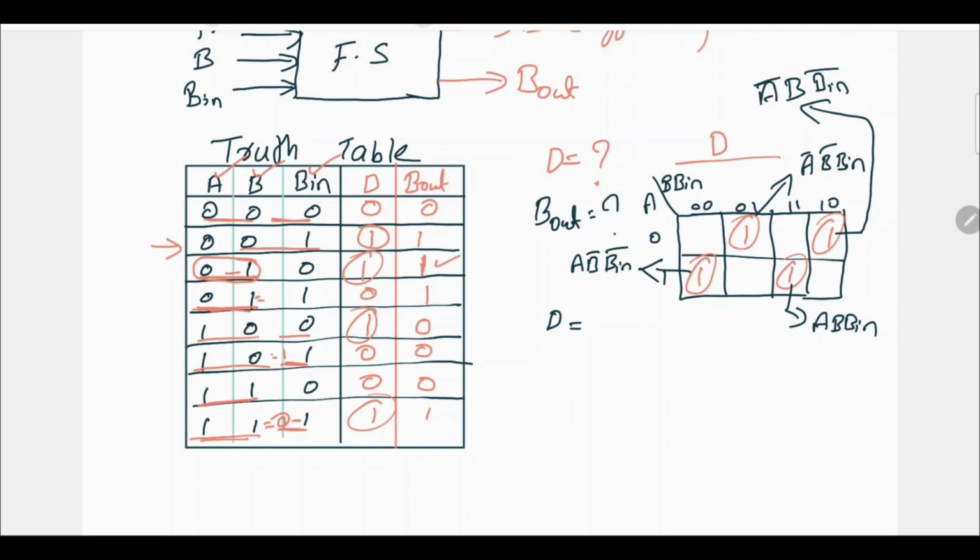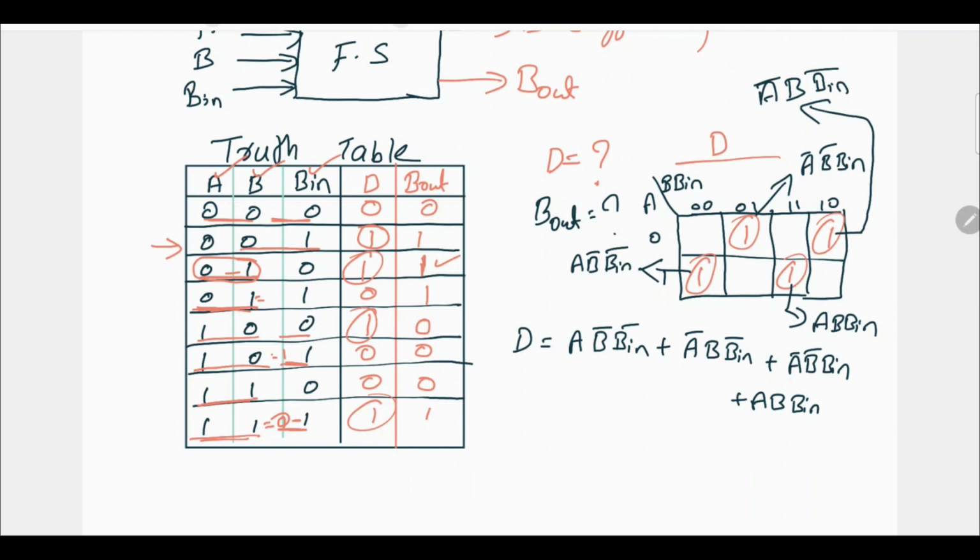So if we add all these, you get the expression for difference: D is equal to A B bar B in bar plus A bar B B in bar plus A bar B bar B in plus A B B in.